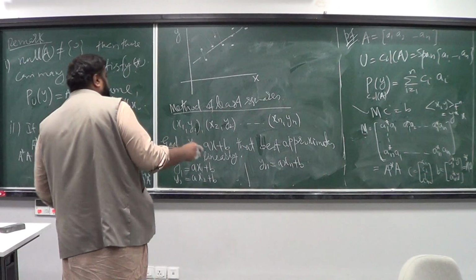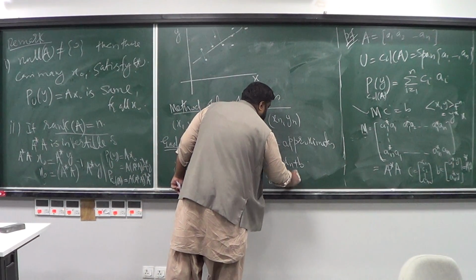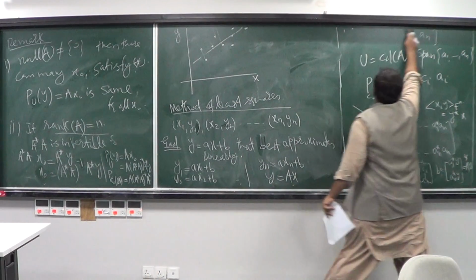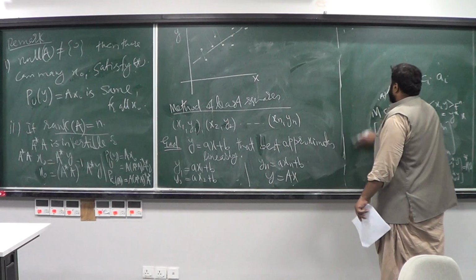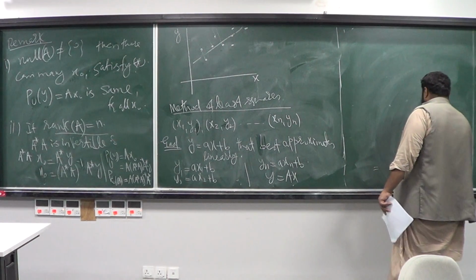So you can write all of these equations as a system y equal to Ax. This system y equal to Ax is an inconsistent system.